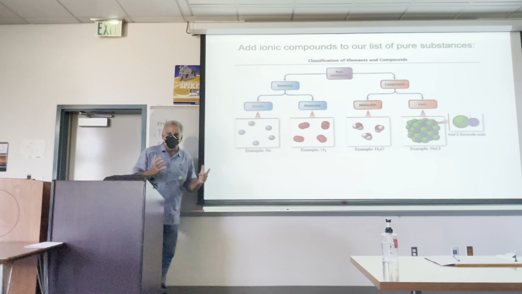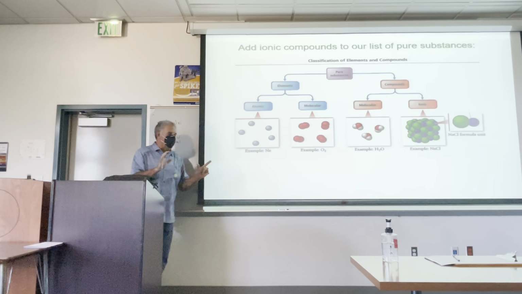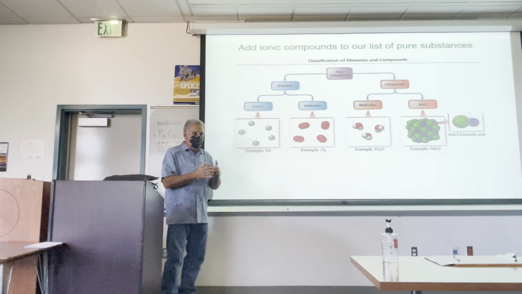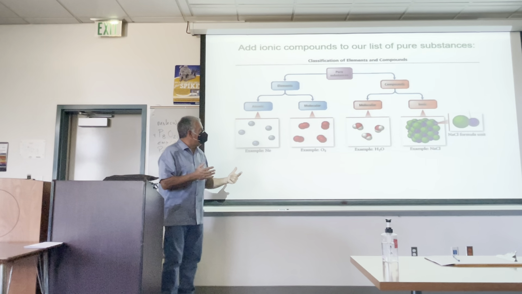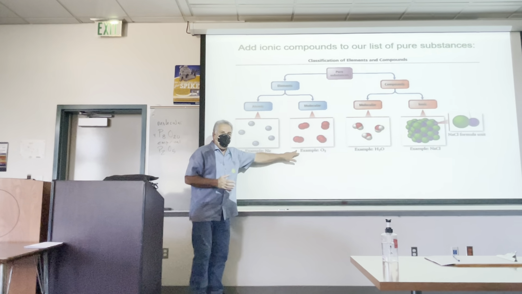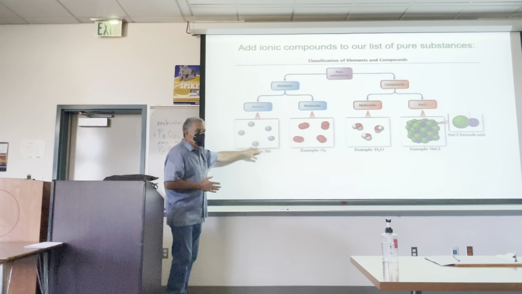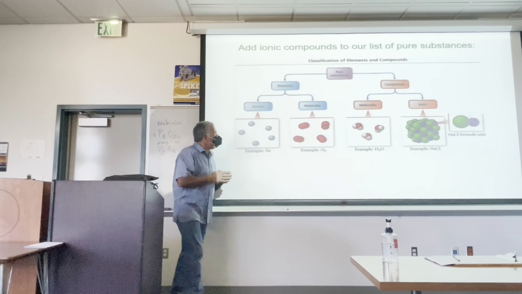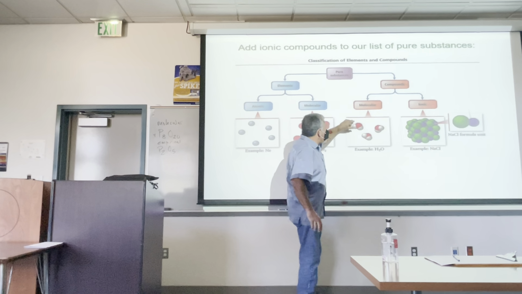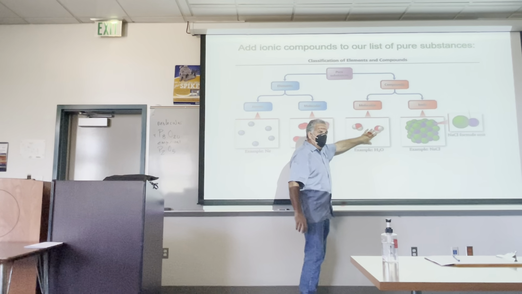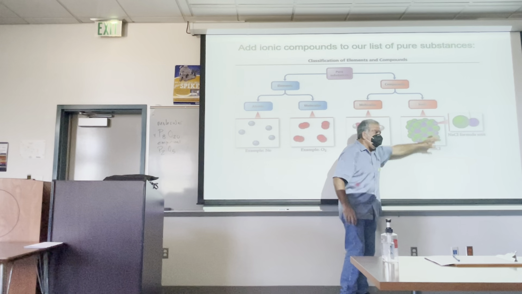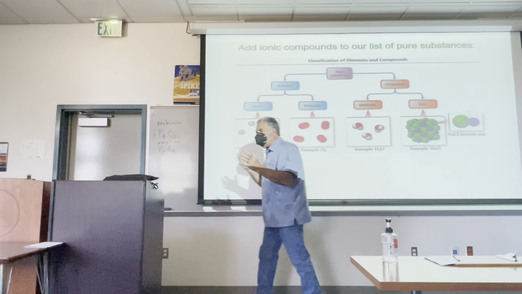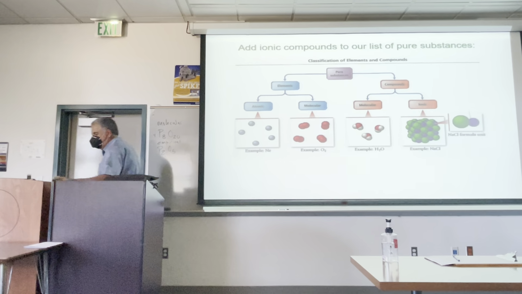If you had my class, you heard me say that a lot, and I tested you on it. So, hydrogen, oxygen, fluorine, chlorine, bromine, iodine, nitrogen. Okay, 7 show up as molecular elements. And then the rest are just atomic. They exist as just by themselves. And then we have compounds. We have molecular compounds, which share electrons, and ionic compounds, which are a combination of a cation and an anion.